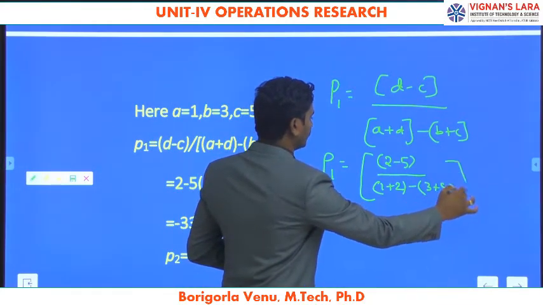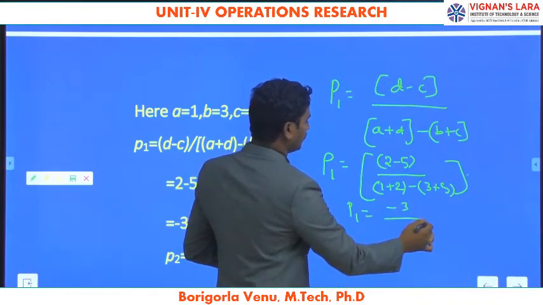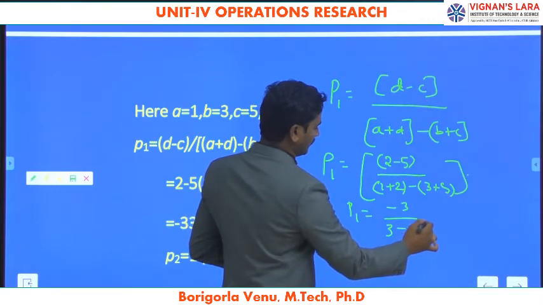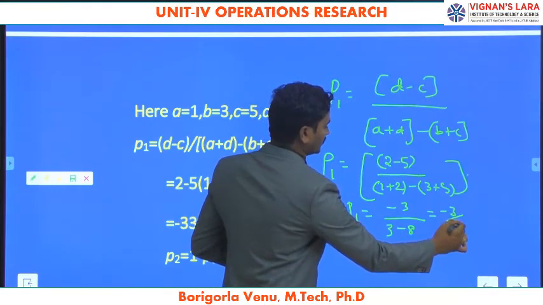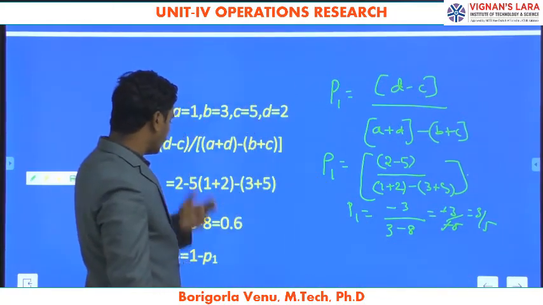From this we get P1 equals minus 3 by 3 minus 8, that is minus 3 by minus 5. So P1 is 3 by 5.